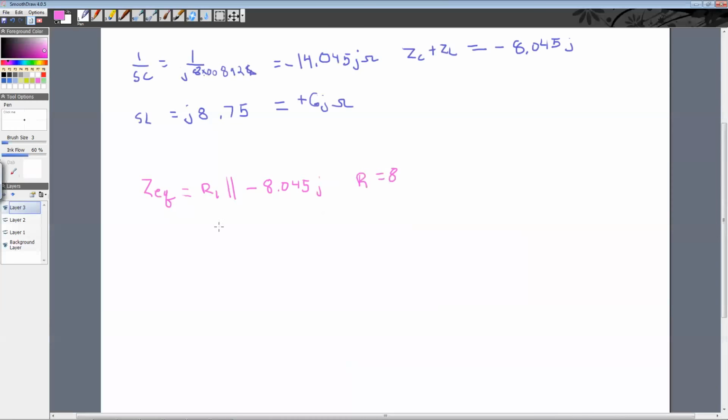All right. So that Z equivalent is going to be equal to 8 times minus 8.045 J over 8 minus 8.045 J.